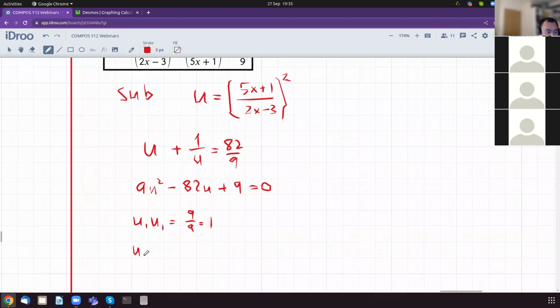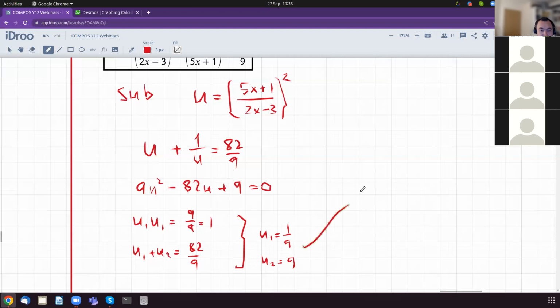And u1 plus u2 is 82 over 9. Now from here, it's quite easy to guess that u1 is 1/9, and u2 is 9.